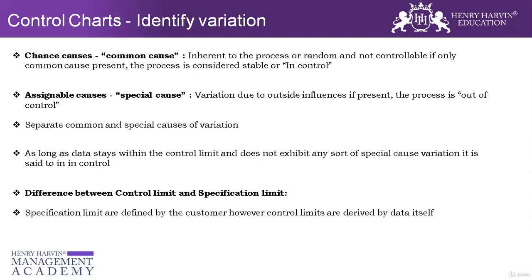The data itself calculates the lower control limit and upper control limit and tells you whether you can conclude that your process is within control or outside your control. That's what my data tells me.